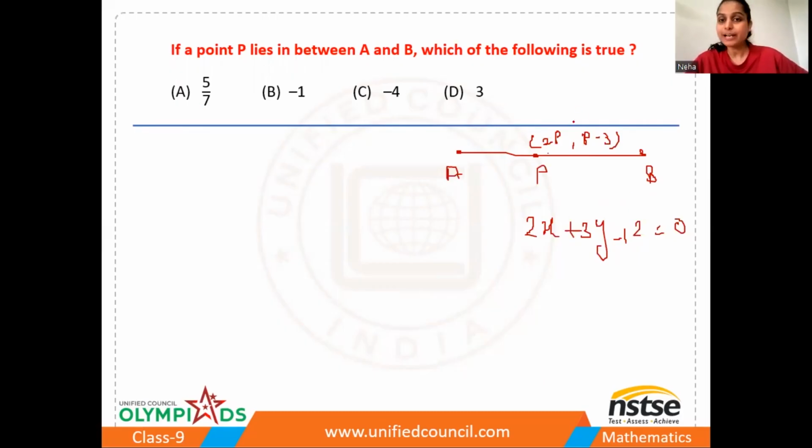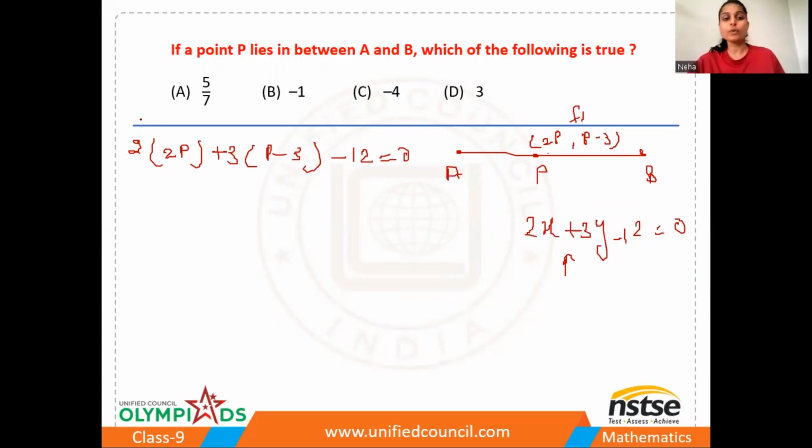So if this point lies on the line, that means this point will satisfy the given equation of the line, right? That means 2 into 2p plus 3 into p minus 3 minus 12 is equal to 0, right? So now I have one equation and one variable. I can easily find out the value of p. So this becomes 4p plus 3p minus 9 minus 12 is equal to 0.